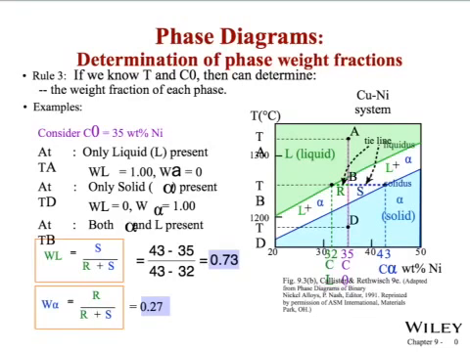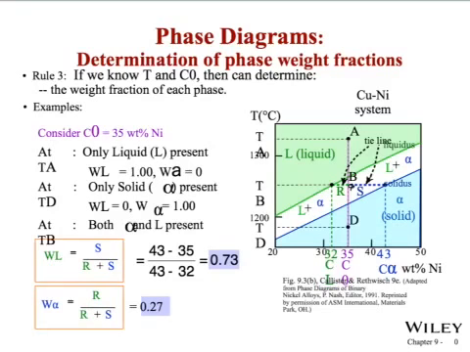Alright, so starting at the same temperature and concentration as last time, we're going to go to point B. So that's right around here. So the weight percentage of the liquidus is going to be the composition of the solidus phase. And to find this, just like in rule 2, we're going to go from the composition and we're going to go right until we hit the solidus line. And then we're going to go down and find that that is 43%. But since we just want the blue portion of this, just the solidus portion, we're going to subtract off the composition, which is the 35.